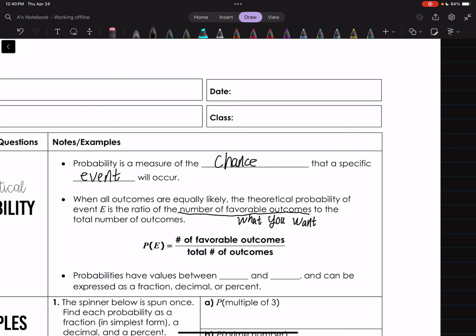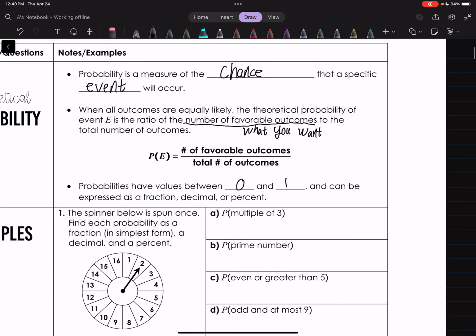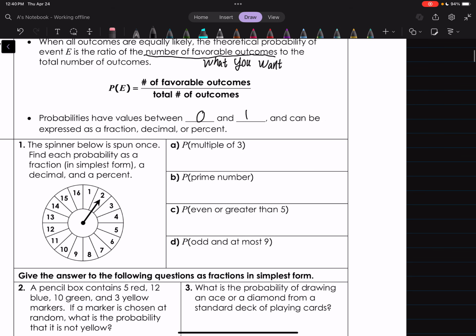Now, whenever you have whatever you're wanting number divided by the total possible, you're going to get a fraction. And it's going to be between 0 and 1 as a fraction, decimal, or a percent. If, for example, I have a quarter, there are going to be two sides to a quarter.